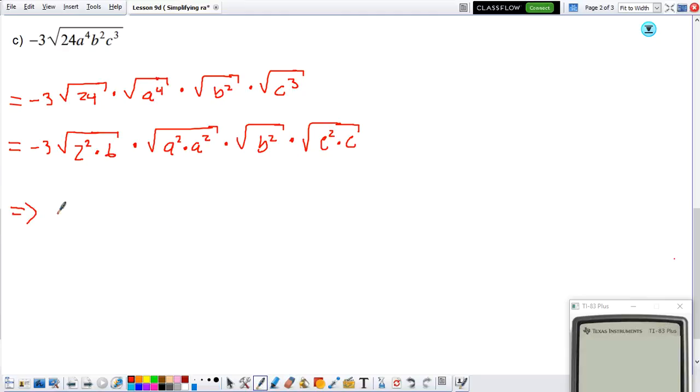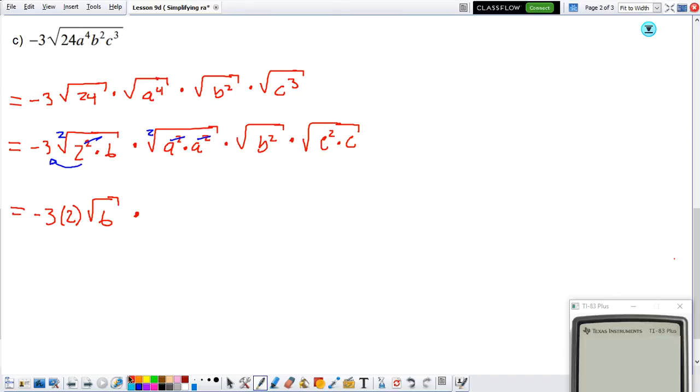Alright, so now, can we simplify the following? Yes, we can. So negative 3 stays outside. Now here, see that this 2 is an exponent of 2, which matches the root outside. So this 2 goes outside. So now we have negative 3 times 2 square root of 6 times, the a's cancel.